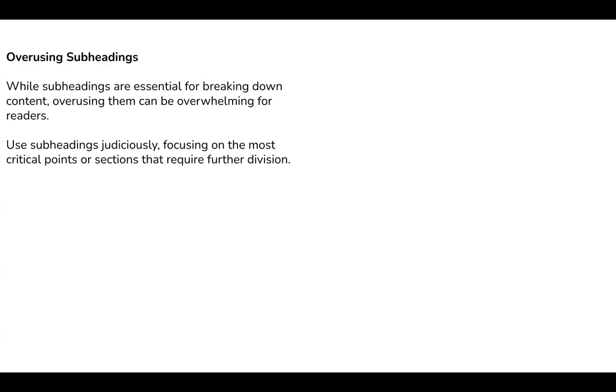For example, when the contents under your subheadings are just one sentence, and you do that consistently instead of using something like a list, readers will think, this is too much. I'm seeing a subheading for every sentence I'm reading. That doesn't make any sense. So you should use subheadings judiciously, focusing on the most important and critical points or sections that require further definitions. So don't overuse headings and subheadings.